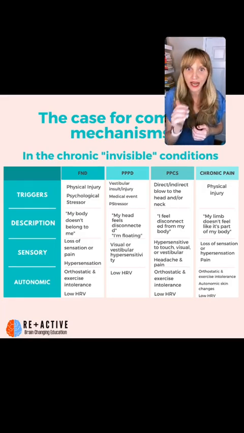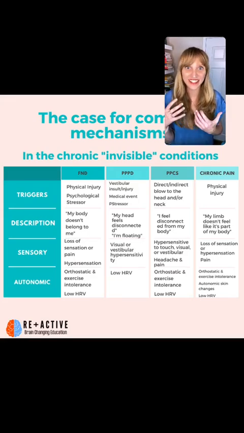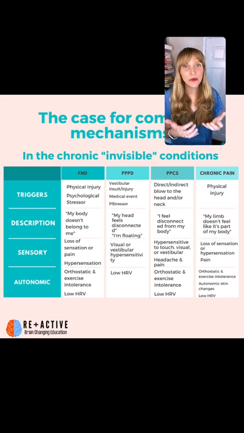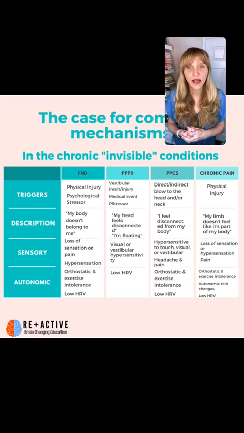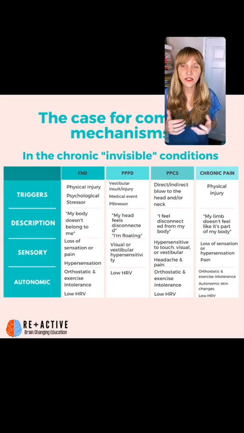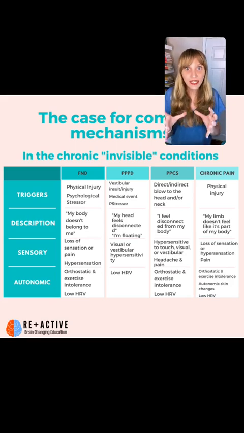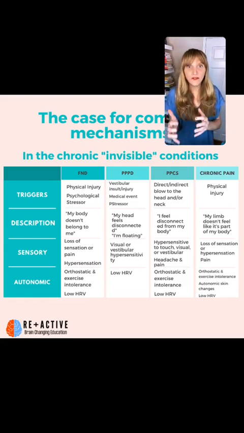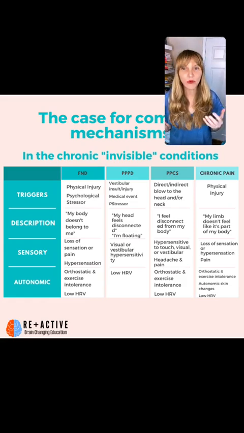In persistent post-concussion symptoms, we know that there is either a direct or indirect blow to the head or neck. So there is a concussion that occurs. And then in chronic pain, we know that there's typically a physical injury that has occurred that has led to the onset of that. So you can see there is some sort of traumatic event, physical, vestibular, medical event or injury that is across the board a trigger, a start of this.